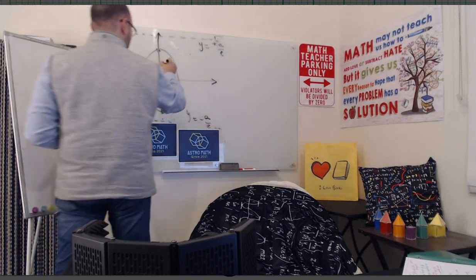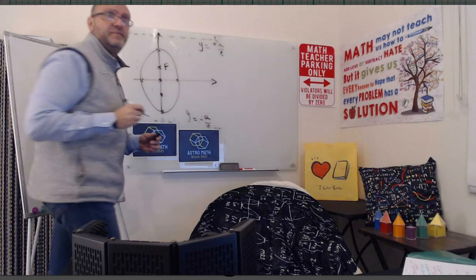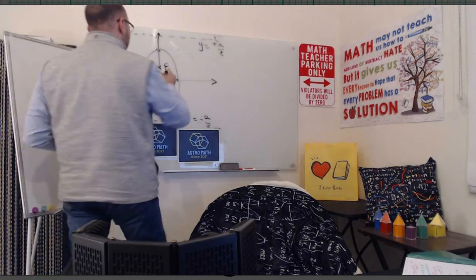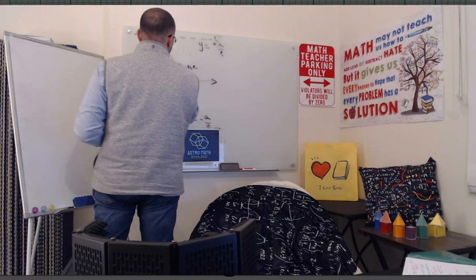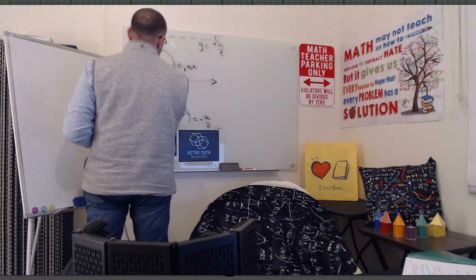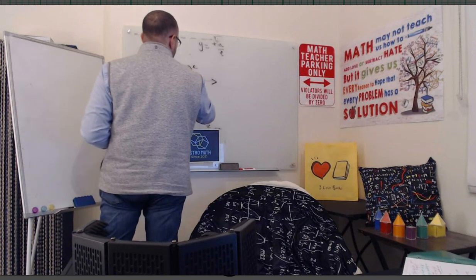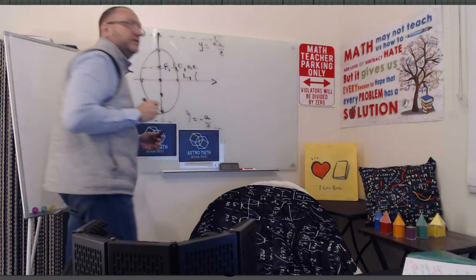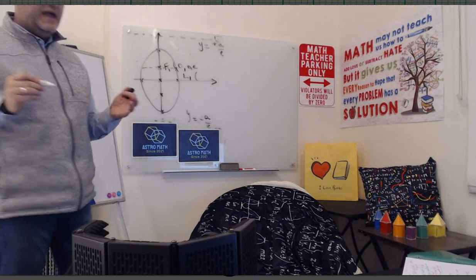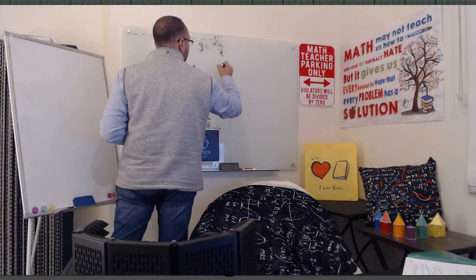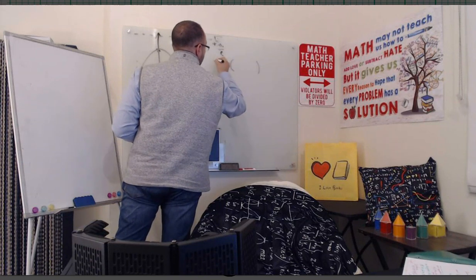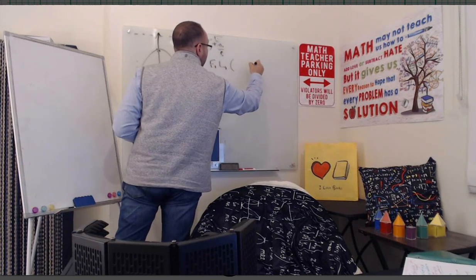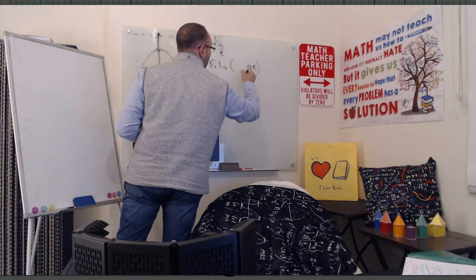Well, my F, let's call it F1, is going to have a 0 for X and AE. Now, where is my L1? This is my latus rectum. This is L1 here. So L1 is going to have AE as Y coordinate.